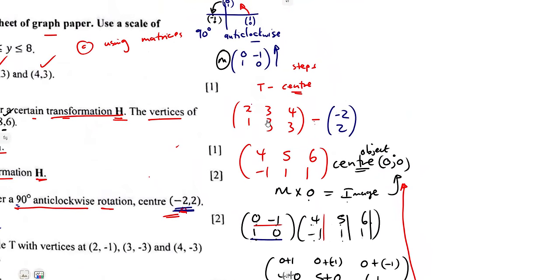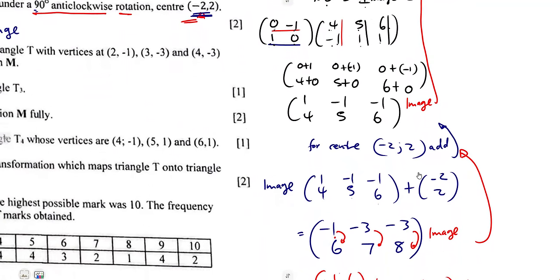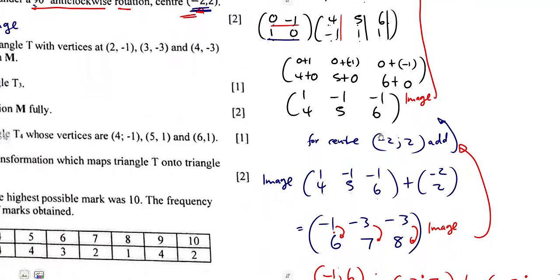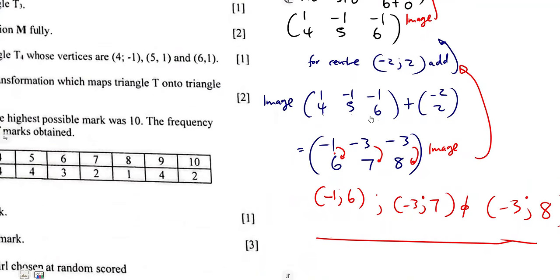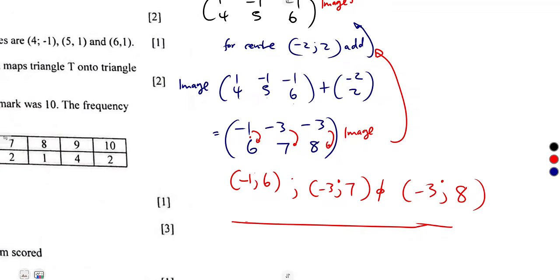Take the given object, remove the center, use the matrix, then add the center. Matrix times object is equal to image, but the image was for center 0, 0. So you must add the center to have the image at that given center. That's how you apply the matrix method.